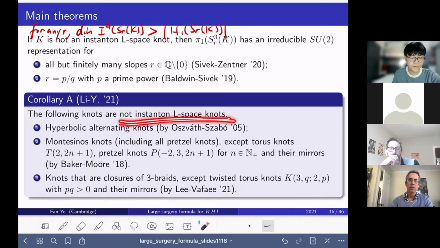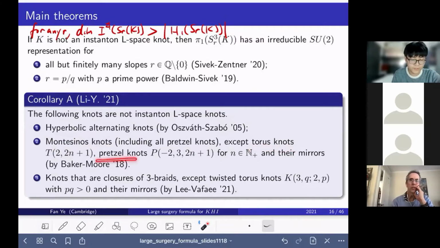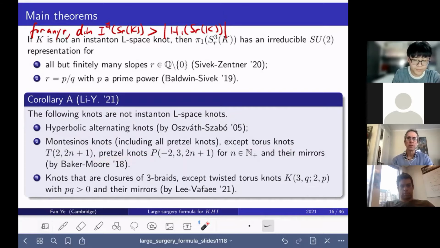So, for example, hyperbolic alternating knots are Montesinos knots, and Montesinos knots in particular are Pretzel knots, except some torus knots, and Pretzel knots are always not instanton L-space knots. And the third family is the knots that are closures of 3-braids, with some exceptions.